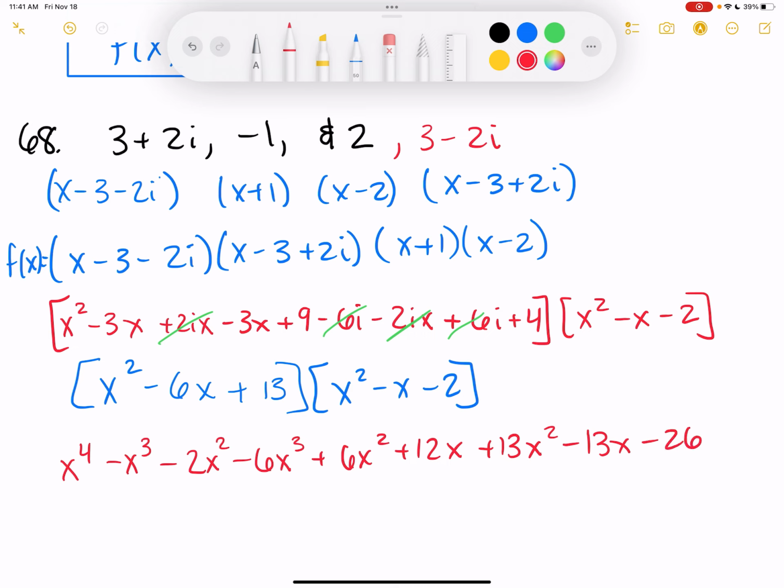And then you just need to combine stuff. So x to the 4th minus 7x cubed. I'm just going to cross them out as I do them so that I make sure I get everything. 4x squared, 17x squared, minus x minus 26. Is that what y'all got?